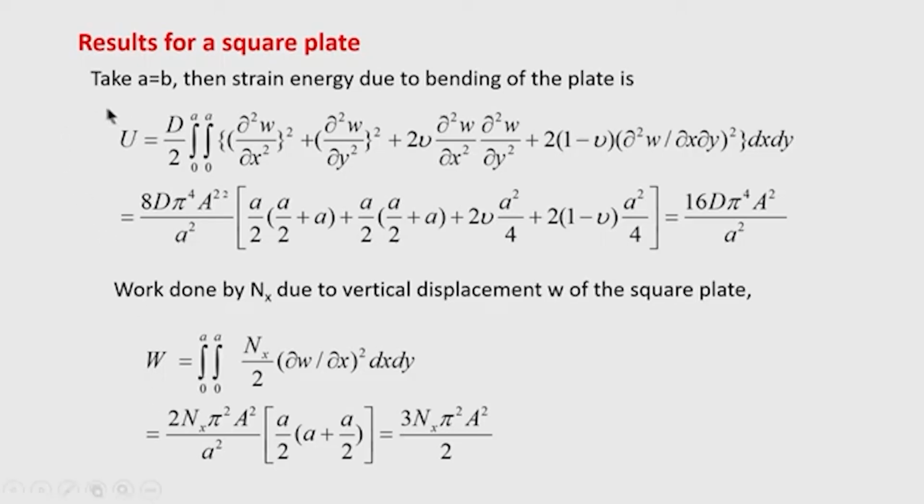So, the strain energy expression can now be found by putting in the integral individually. You can see here the integral. This is the first part of the integral, this is the second part, this is the third part, and this is the fourth part.